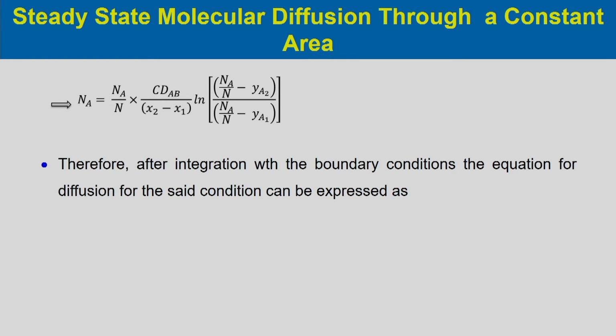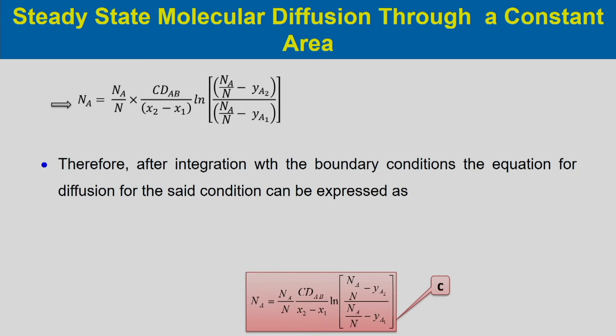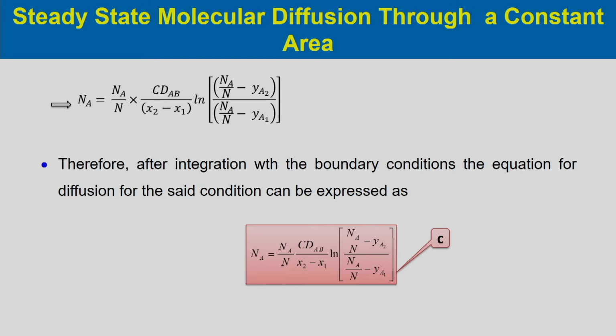Therefore, after integration with the boundary conditions, the equation for diffusion for the set conditions can be expressed as this relation: NA is equal to NA by N into C DAB by (x2 minus x1) ln of (NA by N minus YA2) divided by (NA by N minus YA1).